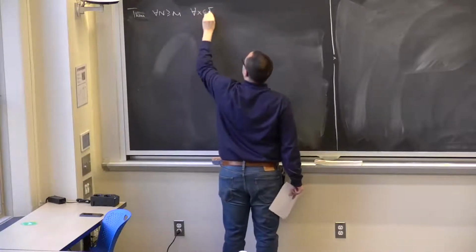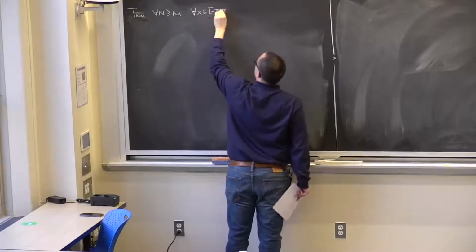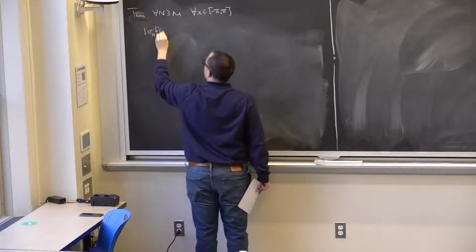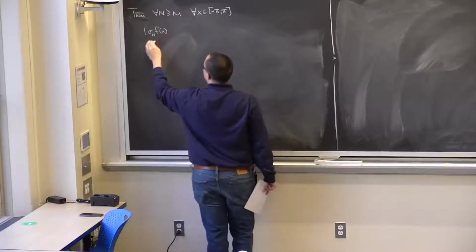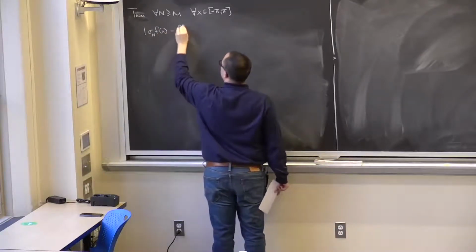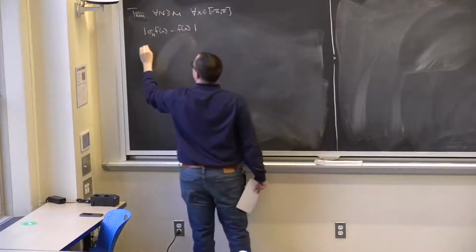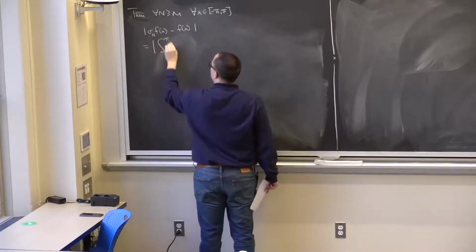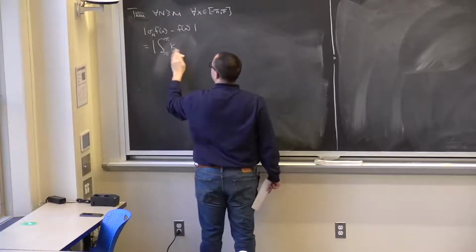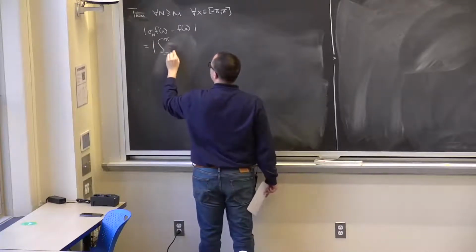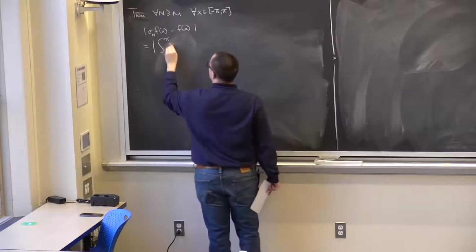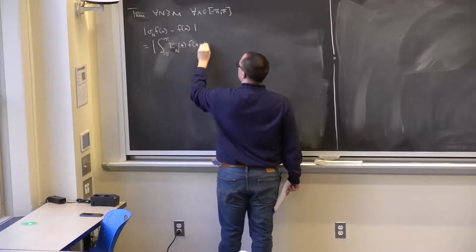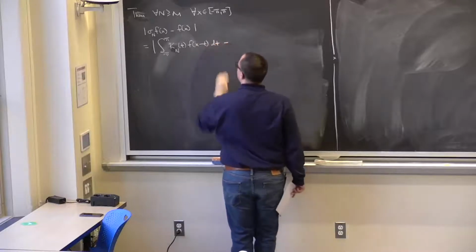And for all x in minus pi to pi, I have that sigma n f of x minus f of x is equal to the integral from minus pi to pi, and again, I'm going to write this now as kn of t f of x minus t dt minus.